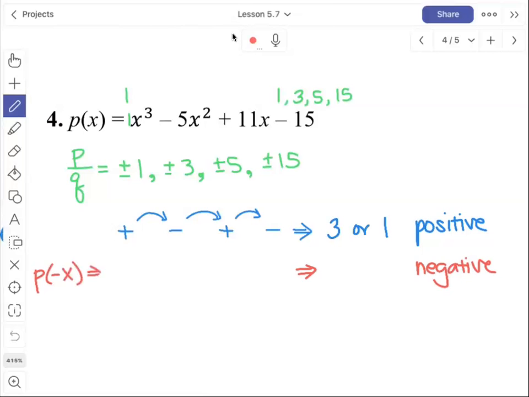So when I plug in negative x, is the first term going to be positive or negative? Negative. Perfect. Is the second term positive or negative? Negative. Good. Third term. Negative. Good. And the last term.